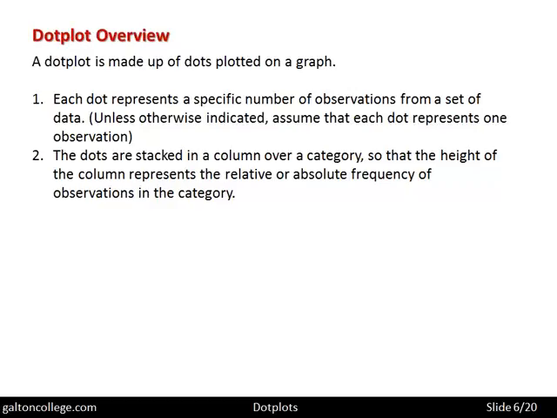So we simply take a category, whatever that is. It could be the name of a place. It could be, let's say, Manchester, and the number of dots over it could represent the number of houses sold in Manchester last week. Now that would be a valid dot plot, and we could compare Manchester then with other cities.